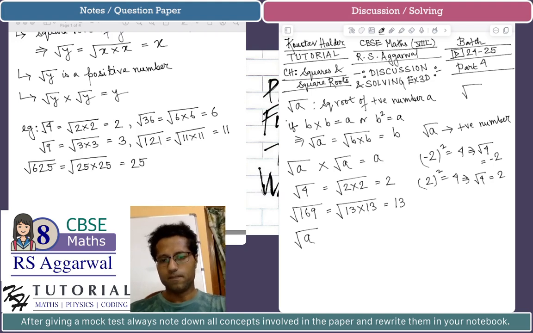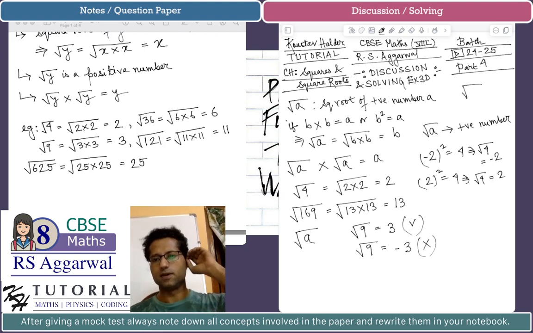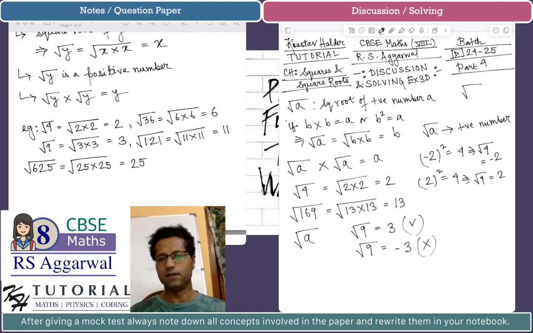So we will write square root of 9 equals 3. This is correct, and square root of 9 equals minus 3 is wrong, at least as of now in your class. In higher classes you might be dealing with both the positive and negative values of the square root of a number. Okay, so the square root will always be a positive number.